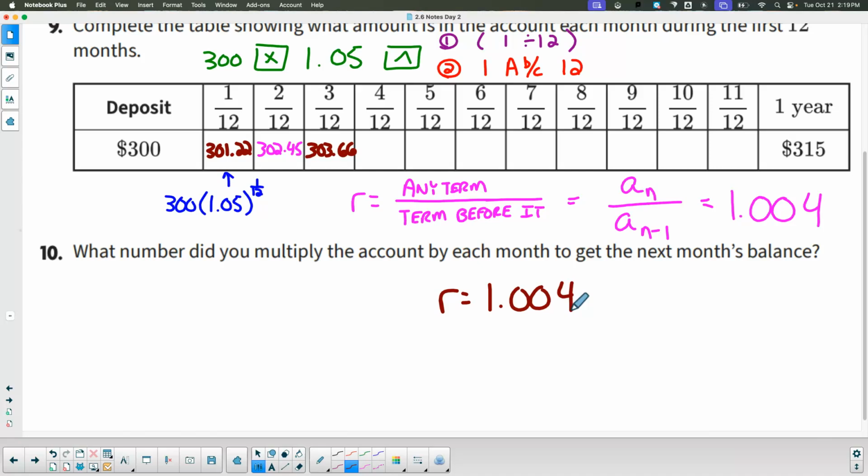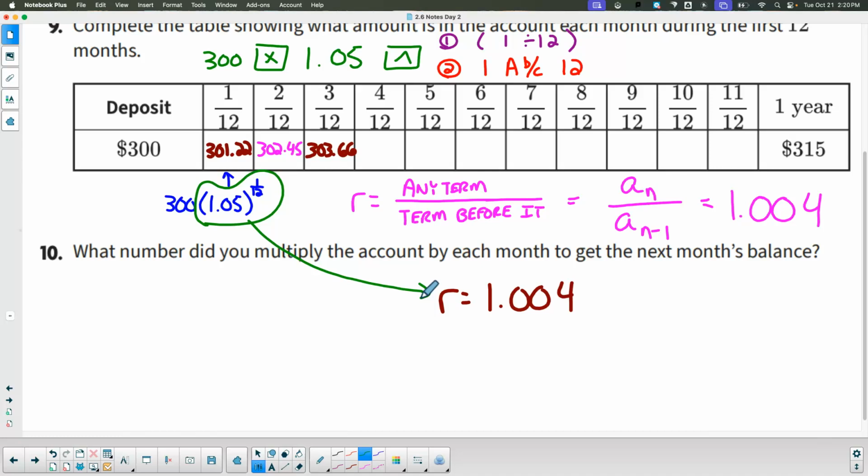That's what we want to know, how to get that using 1.05. So this number right here is that number right there, right? Is that what you're saying? Yeah, because 300 is part of our sequence. We've got to multiply it by 1.004 to get the next one. Well, we calculated the next one using this.